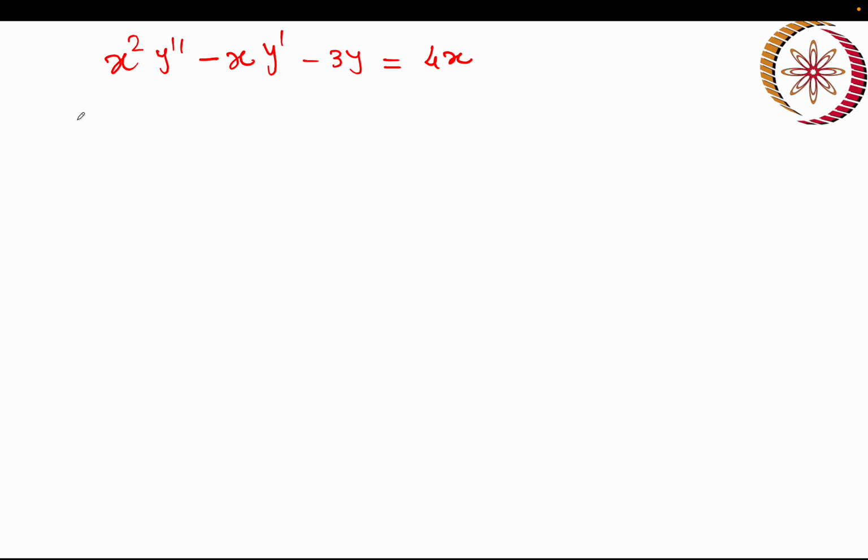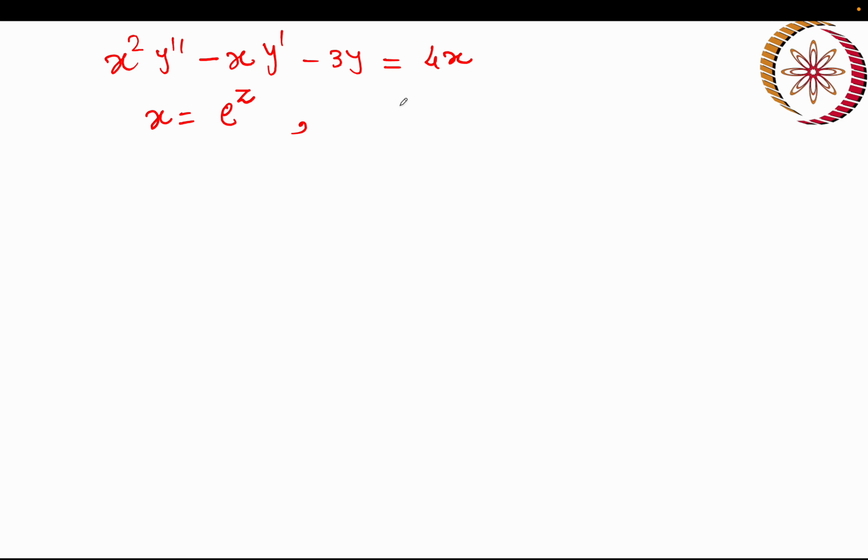Okay. So what we can do is we can start with x is equal to e raised to z, and we'll see how it simplifies the solution. So if we use x equal to e raised to z, we will take the dy by dx.